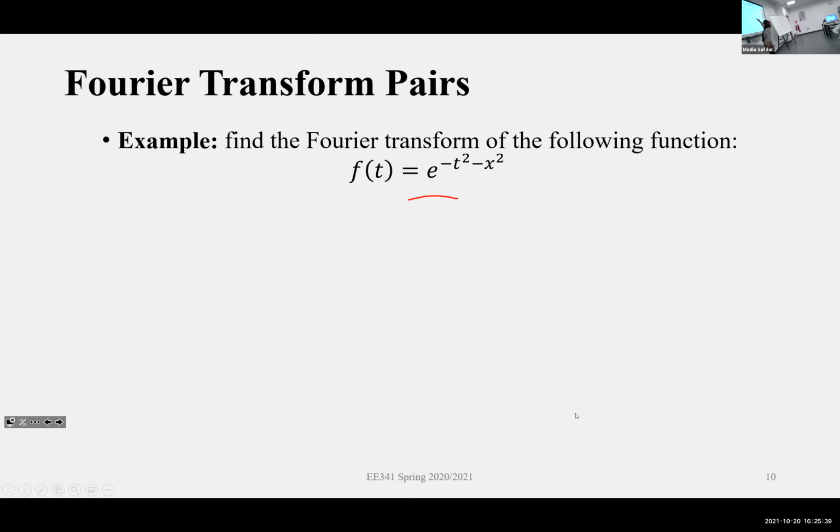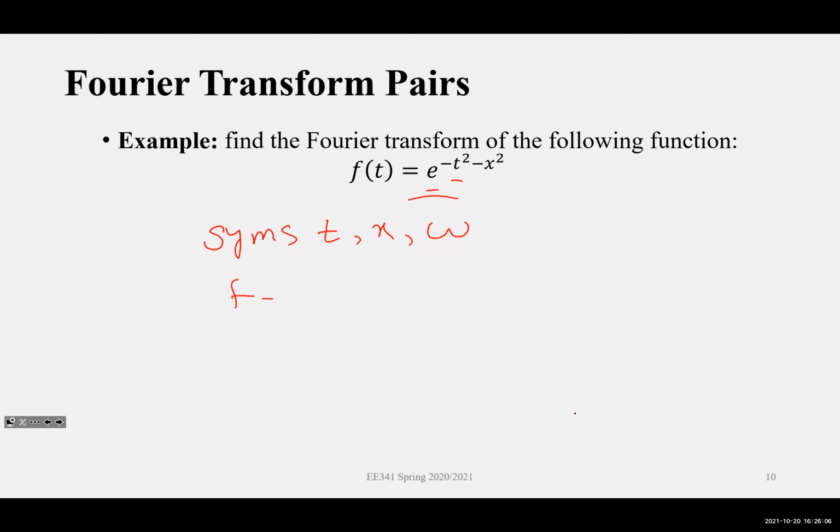Now I have a function f of t, which is e raised to the power minus t square minus x square. Can anyone tell me how you can write the exponential function? exp. So the first step is to define symbolic variables t and x, and don't forget omega.